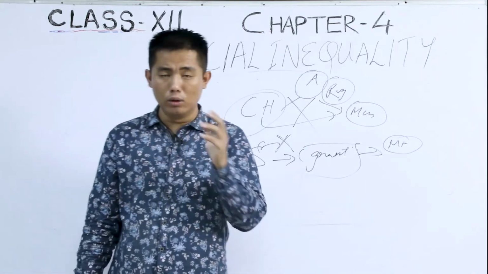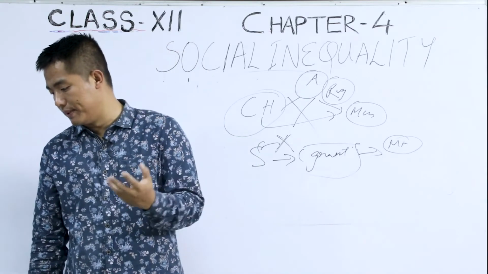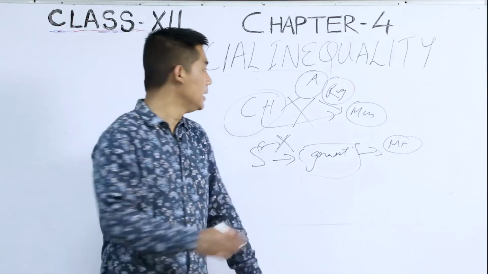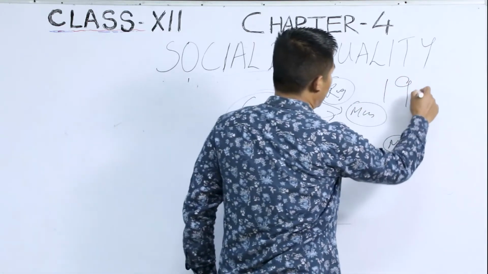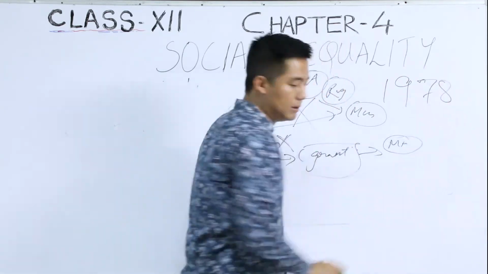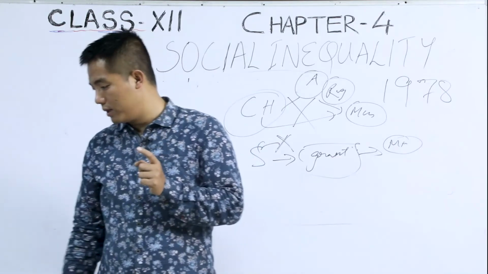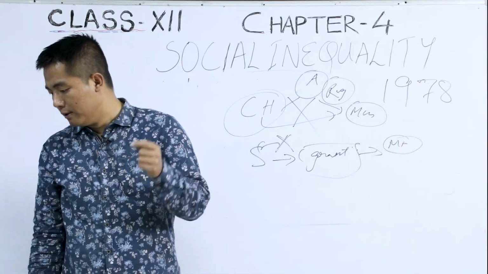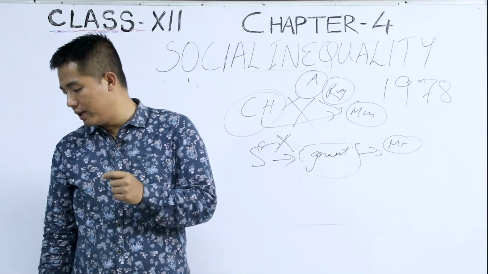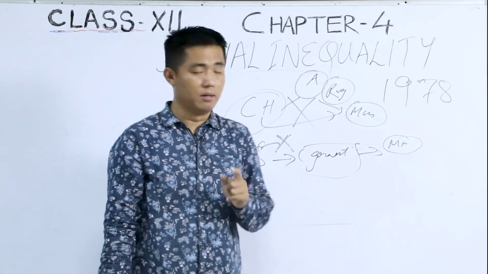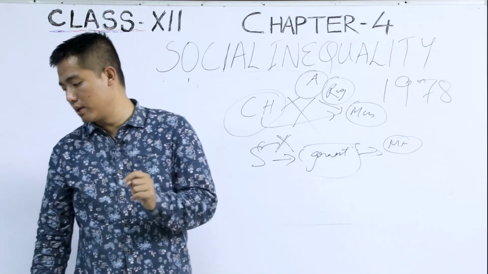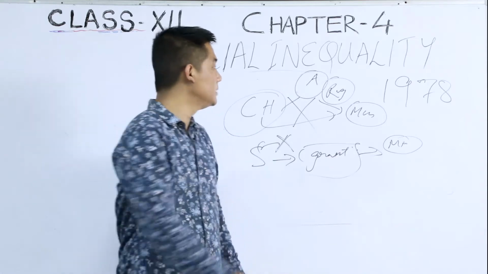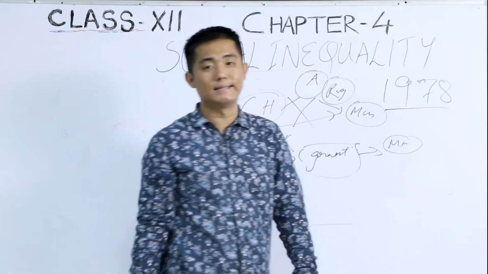Now, in order to look after the welfare of all the people here, what did he do? In the year 1978, it's on page number 51, the second paragraph, that particular word has been given, Minorities Commission. The Minorities Commission was set up in the year 1978.